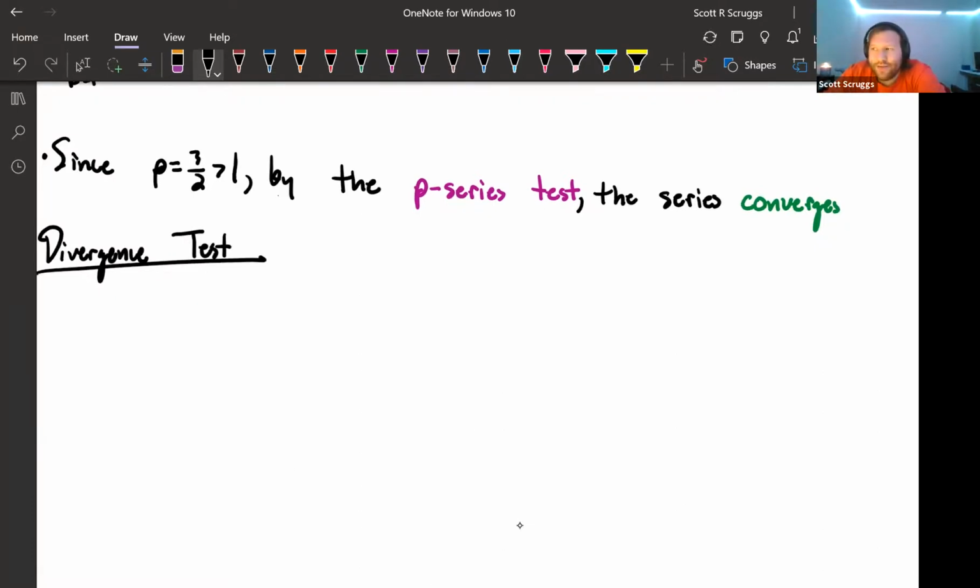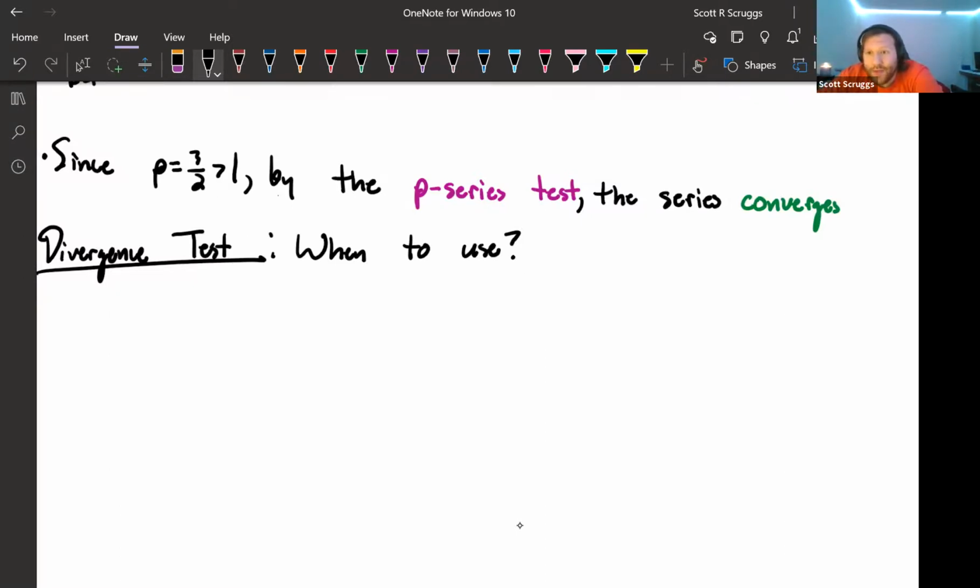Next test we got will be the divergence test. Now, for the divergence test, that's going to ask, when can I use it?